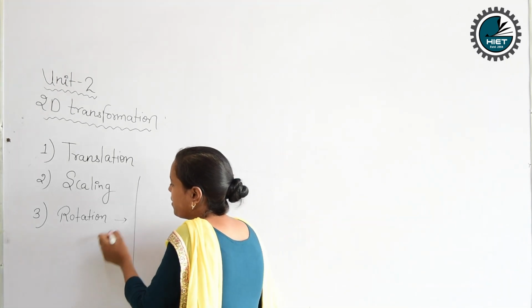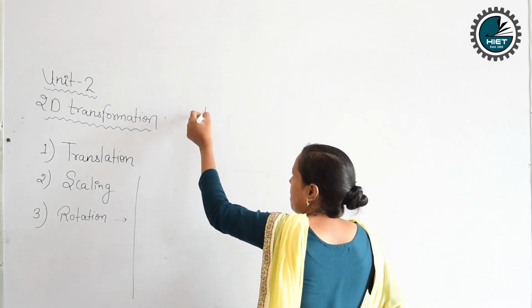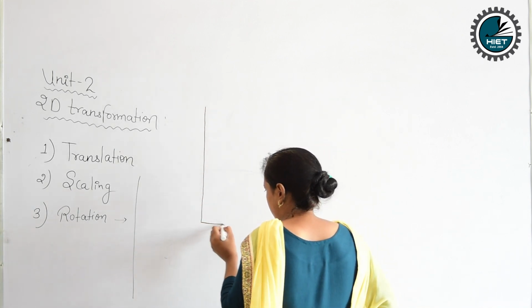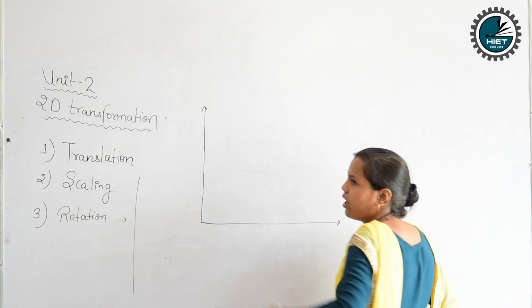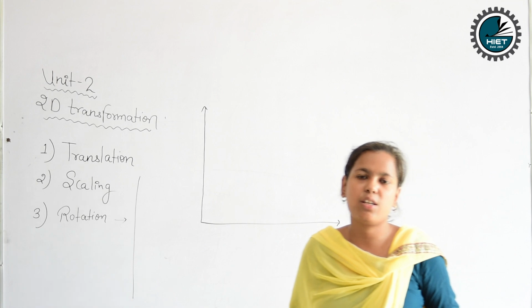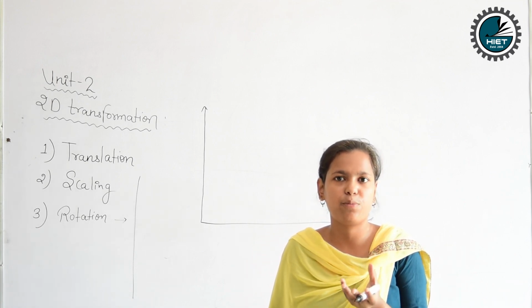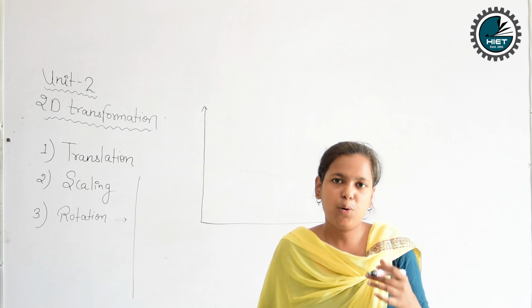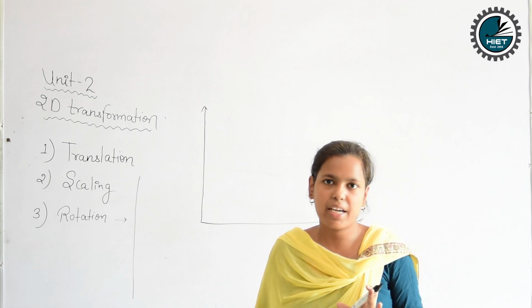After translation, our last topic is rotation. We are assuming that we are rotating a point. Basically, what is rotation? Rotation is when we rotate our object, or look at our object, at a different angle.